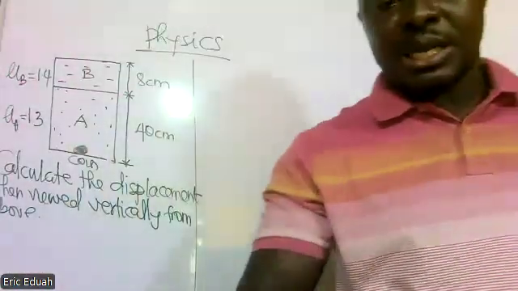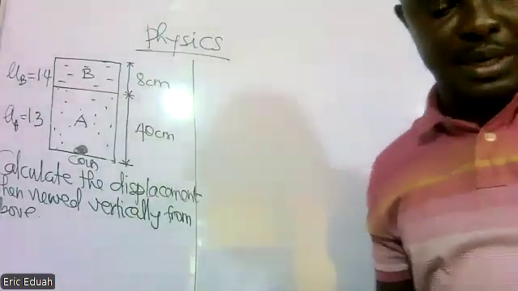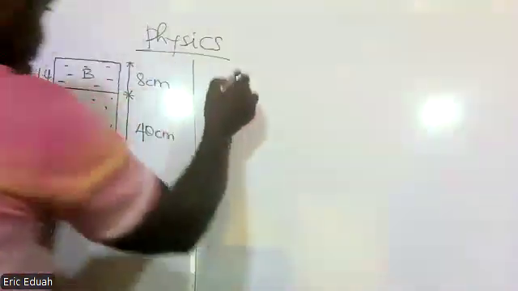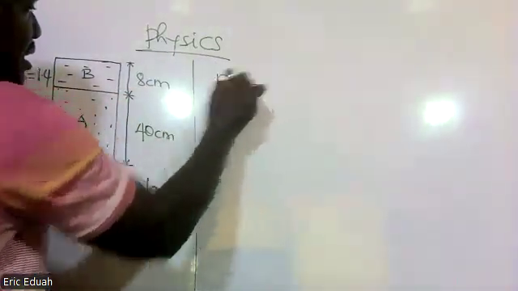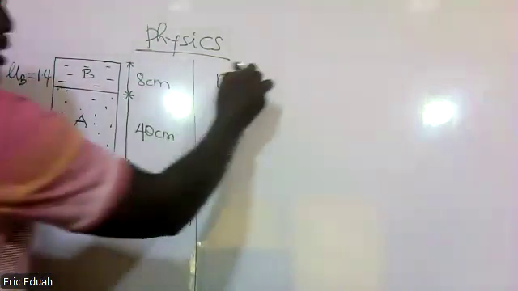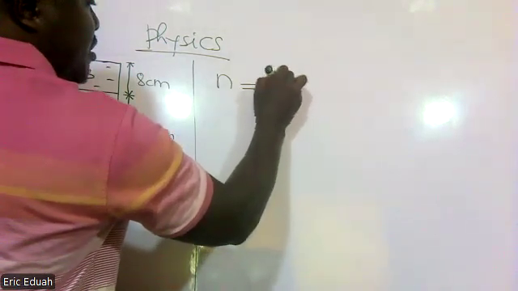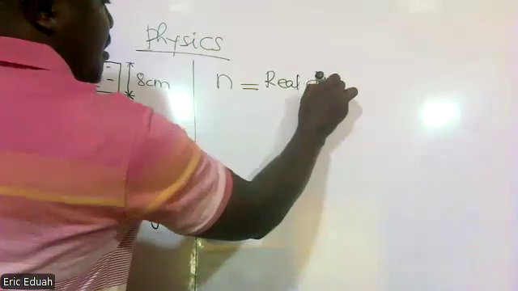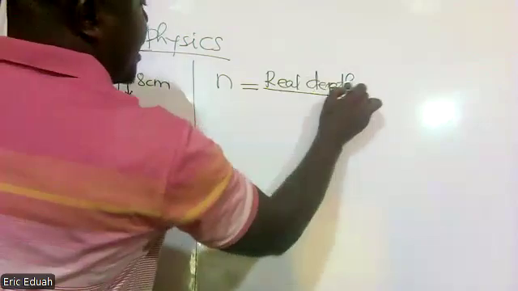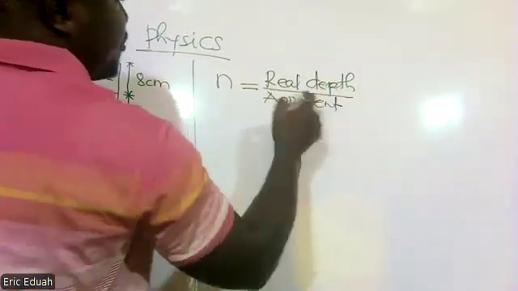Yes, this is the concept we went through under real depth and apparent depth. Refractive index, using this concept, is equal to real depth over apparent depth, that is when we view from above.